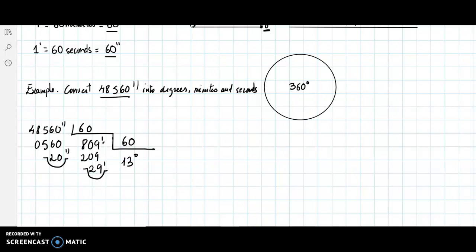So this number, 400,560, is equal to, I'm going to write here, 13 degrees, 29 minutes, and 20 seconds.